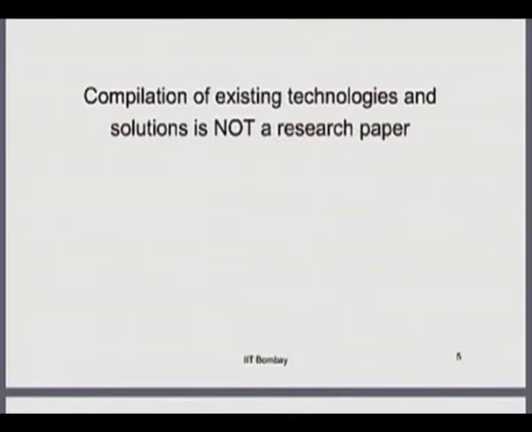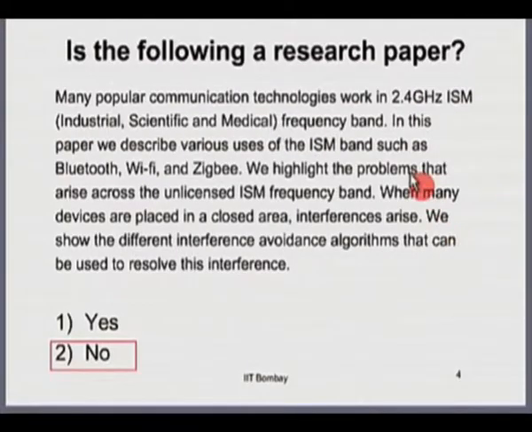If you go back to the abstract, you will see that this resembles lecture notes. It's a summary of what exists. It's not at all clear here what contribution, what key idea the authors have tried to convey. So the first point we learn here is that compilation of existing technologies is not a research paper, and a research paper should not look like lecture notes or a summary of a book or several books that you've read.